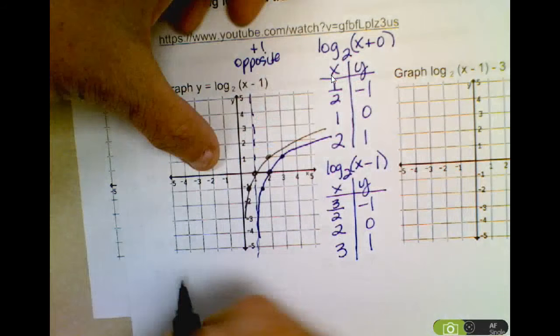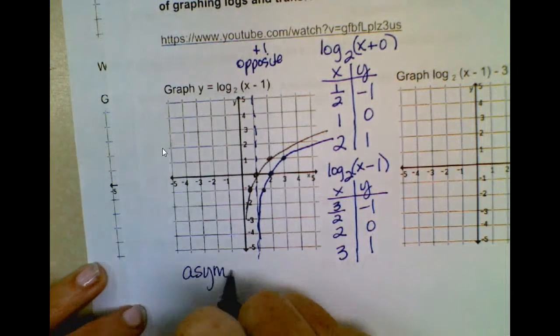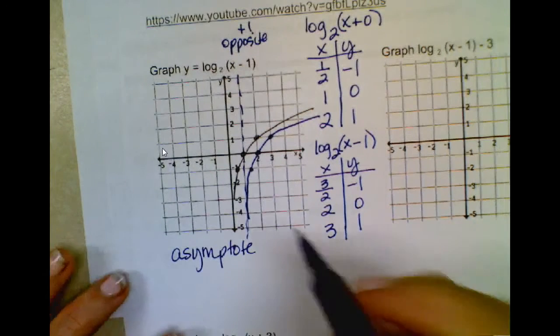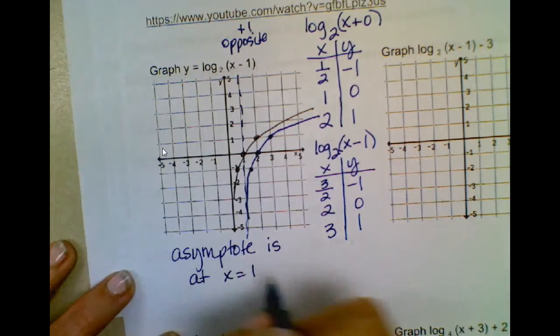And what's going to happen is now our asymptote, or our imaginary line that our graph cannot go past, is at x equals 1.